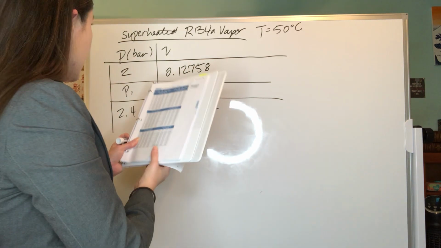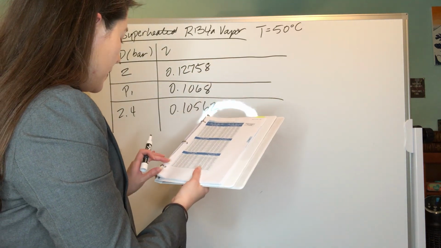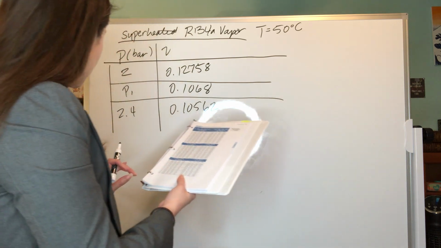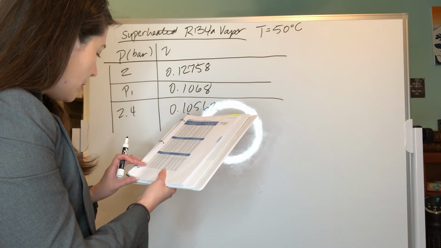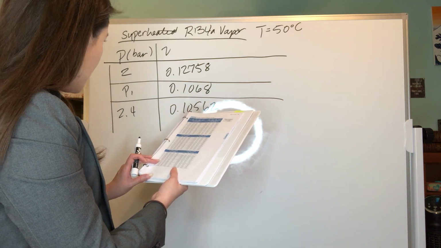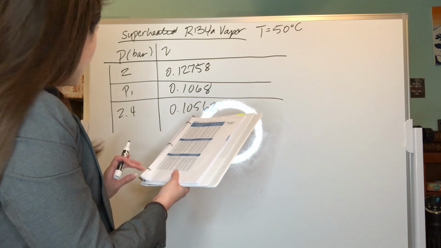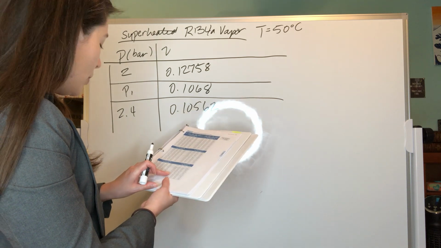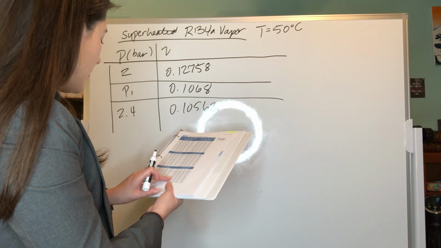So I see here on our table that corresponding to a temperature of 50 degrees C, at 2 bars, the specific volume is 0.12758, and at 2.4 bars, we've got a specific volume of 0.10562.